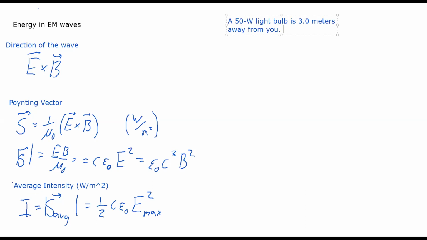We want to look at what is the intensity of light at your location from the light bulb, and the max E and B fields, again at your location.